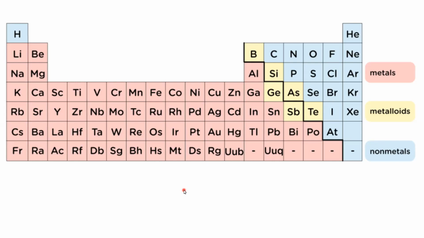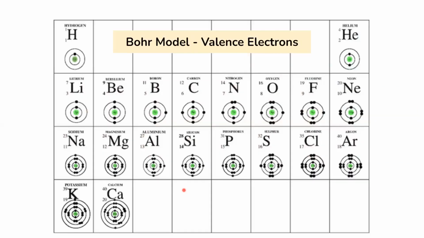So what I have here on this slide are the valence electron Bohr models. Remember, the Bohr models show us everything, the nucleus and all the electrons. We're going to use the Bohr models to once again find those patterns with respect to valence electrons down groups. So here, just to point out, we only have the main group elements.